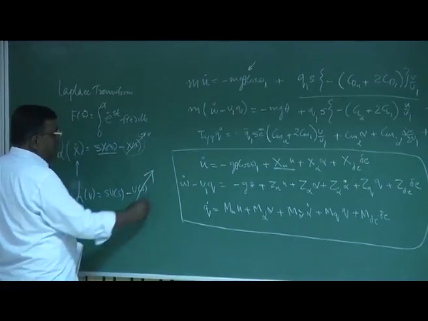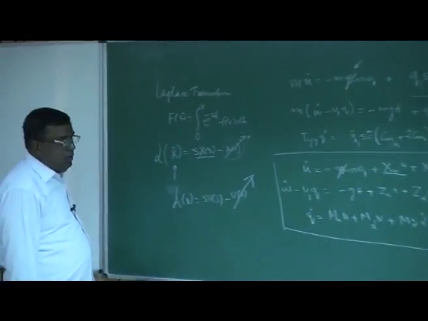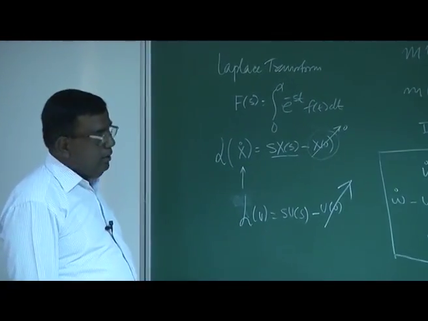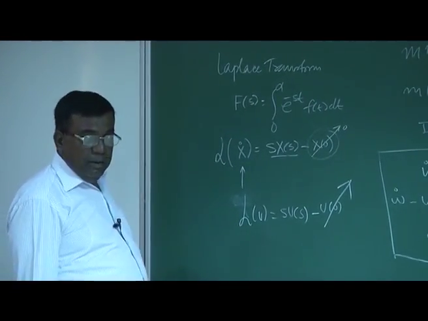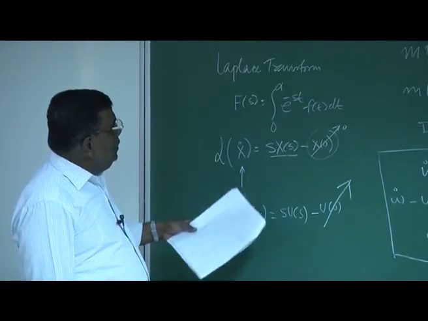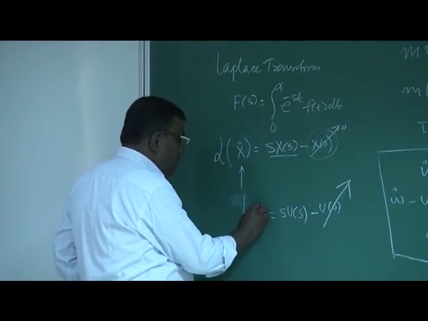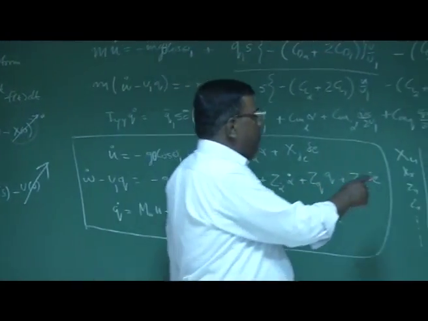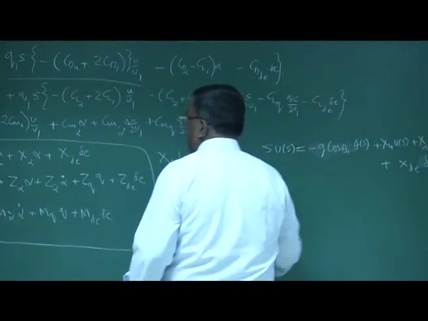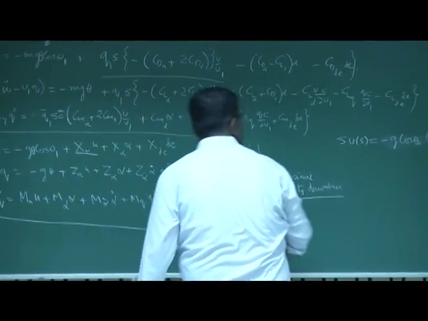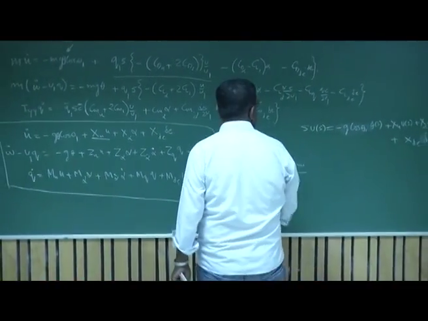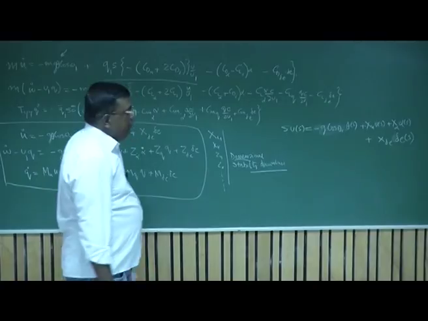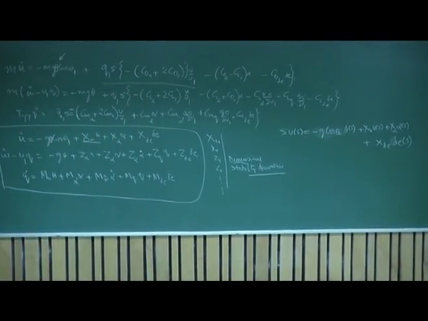We said we don't care about the initial condition because we are studying the stability aspects of a linear system, so it doesn't depend upon the initial condition. So Laplace of u dot becomes s u of s. So here u dot is s u of s minus g cos theta 1 into theta of s, then xu into u of s, x alpha into alpha of s, x delta e into delta e of s. Similarly, you can do it here.